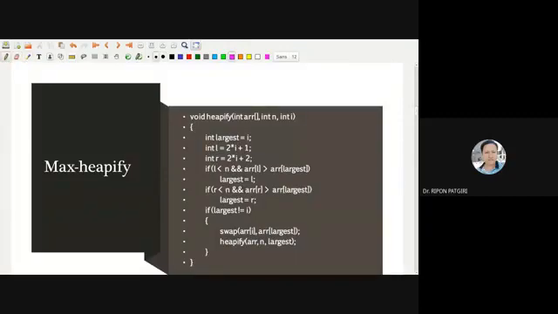Say for example, this is my tree, and so on. This tree goes on.